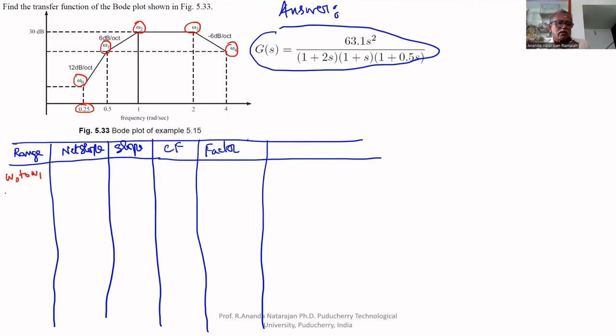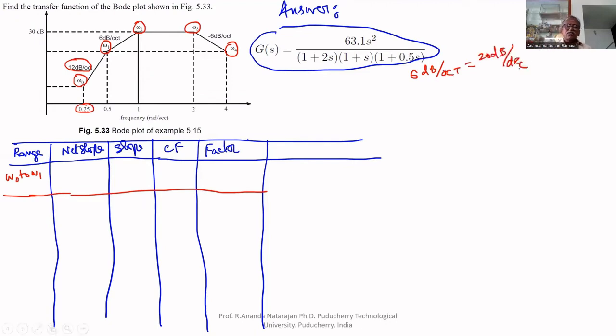What is the slope? The slope is 12 dB per octave. Already I told you that 6 dB per octave equals 20 dB per decade. Here it is 12, therefore it is 40 dB per decade. The slope is positive, therefore plus 40 dB per decade.